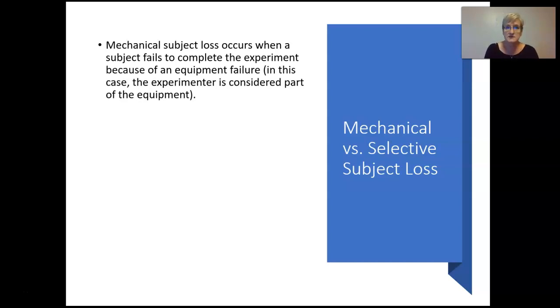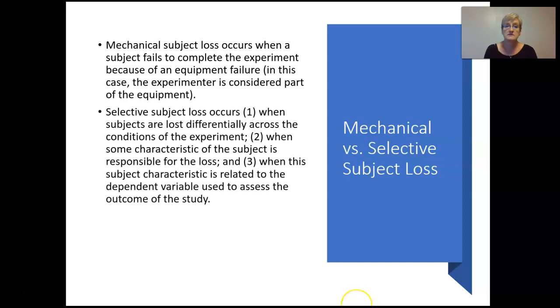In years past, we've had other issues where data was corrupted, a lot of this was physiological recording data, or the computer had some sort of failure during data collection in online data collection. All of those are examples of mechanical subject loss.